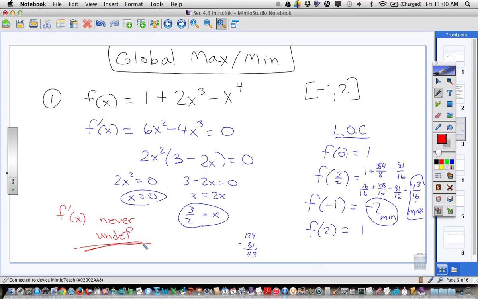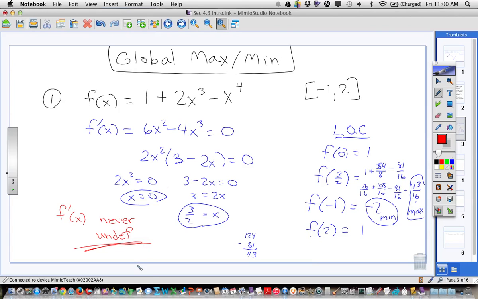There will be some no calculator situations where you run into some fractions like this. Then I just got a common denominator. 1 would be 16 over 16. I'll double those. That'd be 108 over 16, 81 over 16. Then I added 16 and 108, 124, subtracted 81, got 43. So 43 over 16, which is 2 something. So I knew that was my max, 2 something, and I knew my min here was -1.